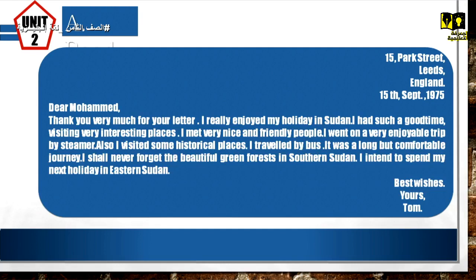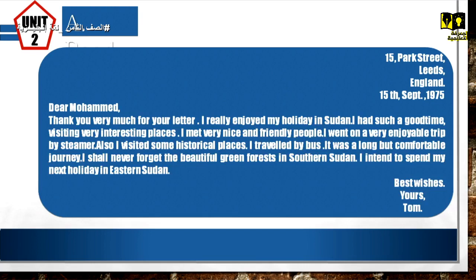And beneath it immediately we find what? 15th of September 1975, which is what? This is the date. Where was this letter written? This letter was written on the 15th of September 1975. This top right corner part is very important in writing letters.